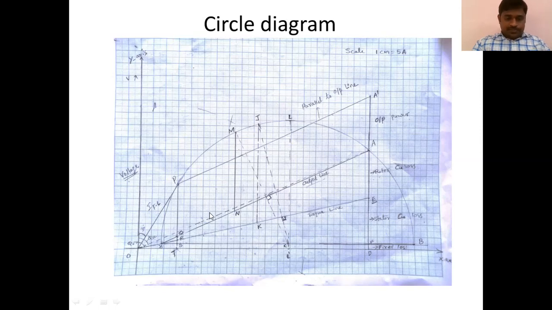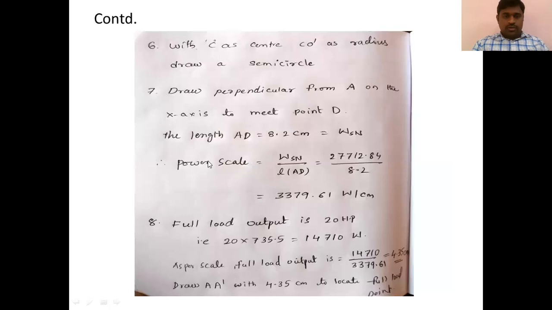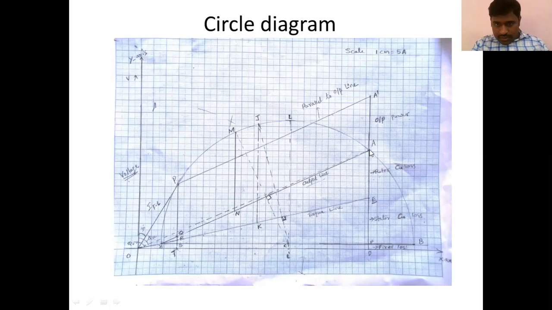Now next, I already calculated the output line. The output power is given as 20 HP in the problem. When you draw a semicircle, A will exactly come on the circle. From that point A, draw a perpendicular downwards to the x-axis.